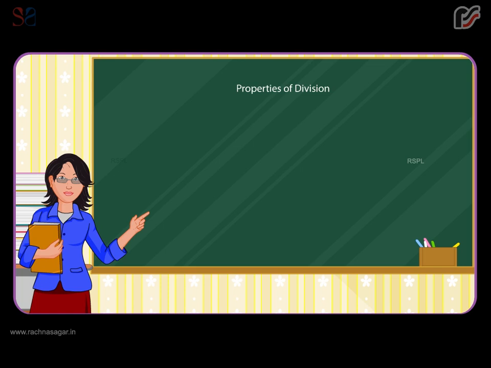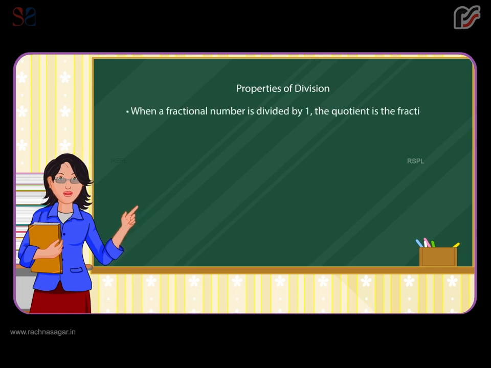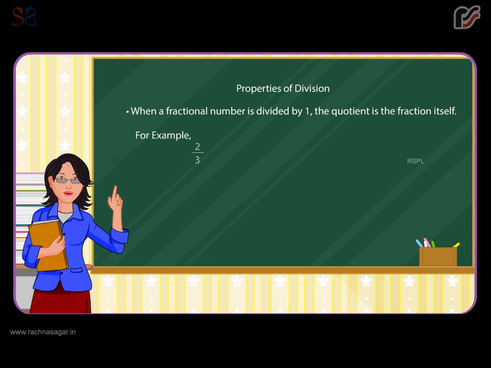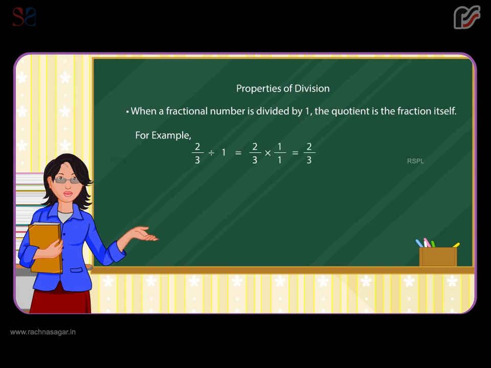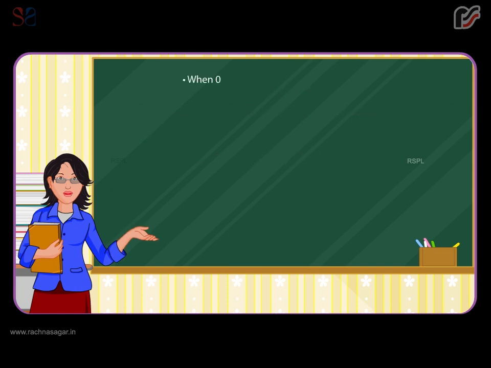Properties of division. When a fractional number is divided by 1, the quotient is the fraction itself. For example, 2/3 divided by 1 is equal to 2/3 multiplied by 1, which is equal to 2/3. When 0 is divided by a fraction, the quotient is 0.